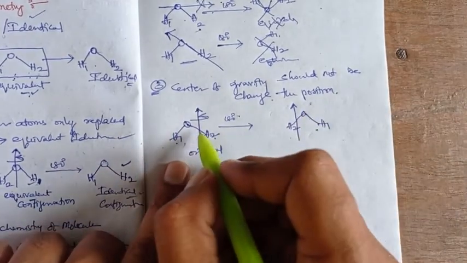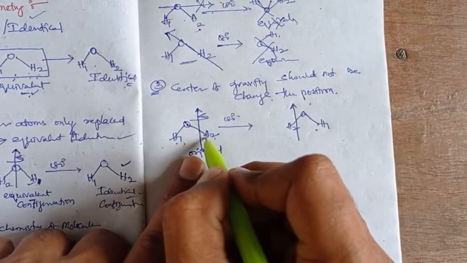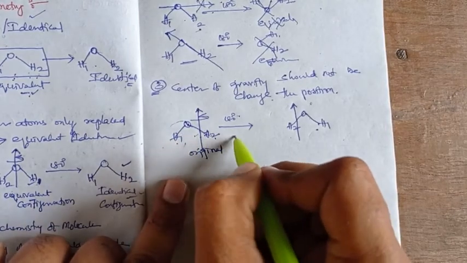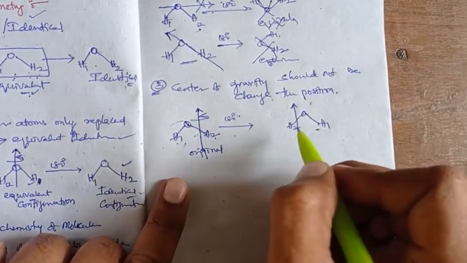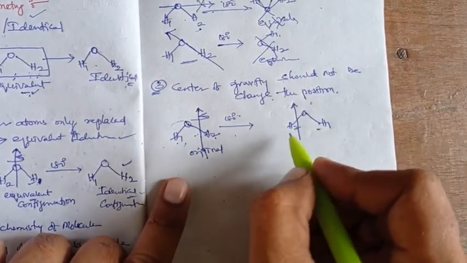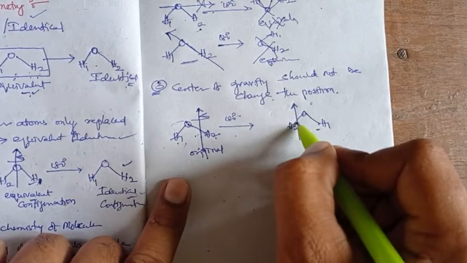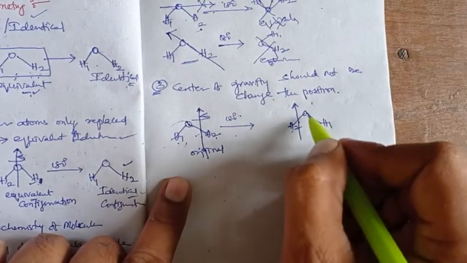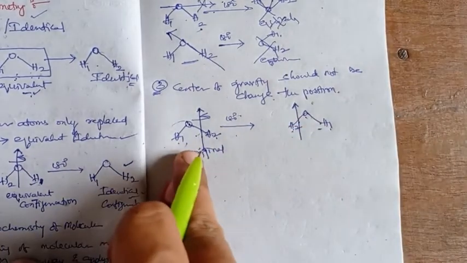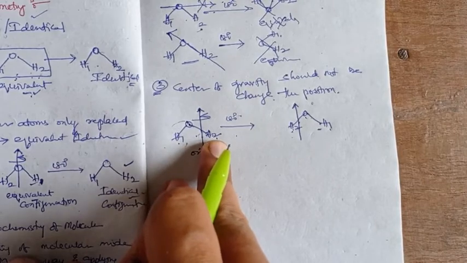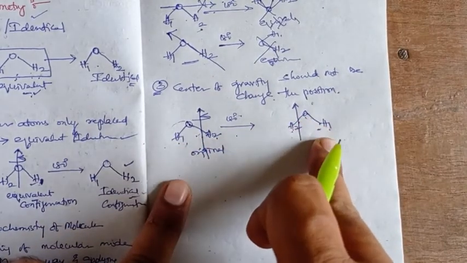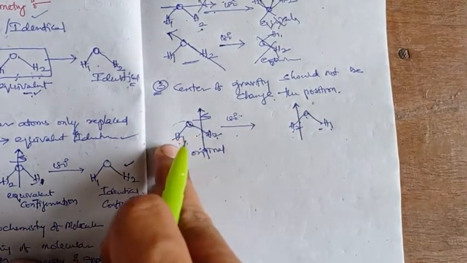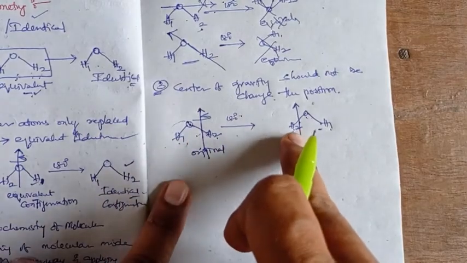After the rotation, this particular hydrogen moves to here, and this oxygen and hydrogen move to here. Now, with respect to this imaginary axis, the left side has only hydrogen and the right side has oxygen and hydrogen. Before the rotation, the right side had only hydrogen, but after the rotation it has oxygen and hydrogen. The left side had oxygen and hydrogen, but after the rotation it has only hydrogen.